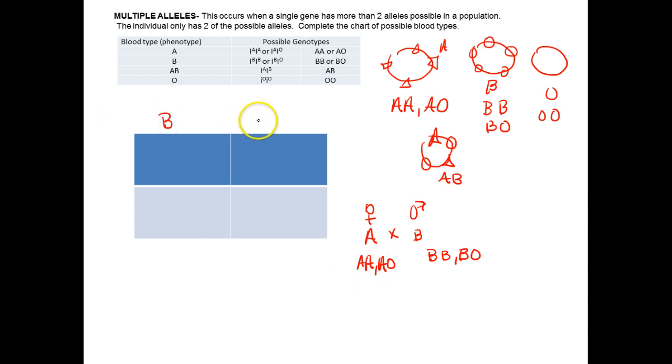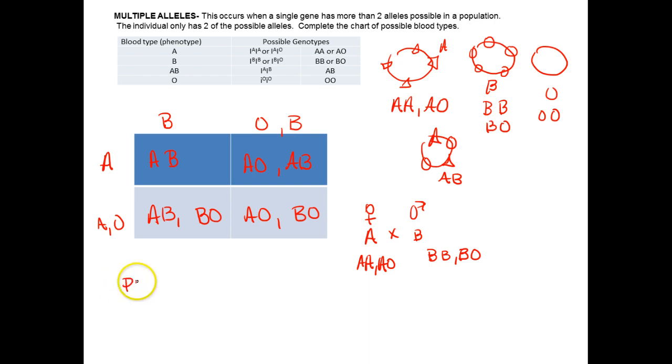If he's B, he could be either O or B, and if the mother is A, she could be either A or O. If you were to do a Punnett square, AB, AO, and if he's homozygous, then it would be AB, AB or BO, AO or BO.